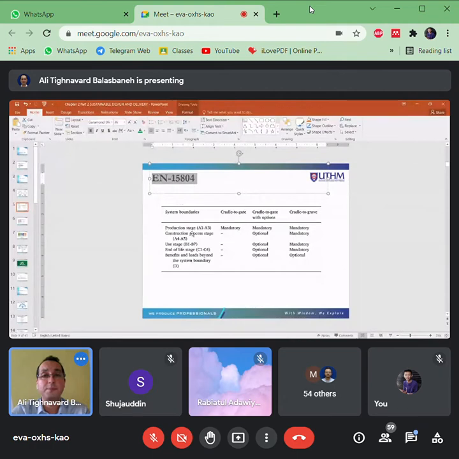The production stage has been categorized as A1, A2, A3. The material extraction is A1. They transport the material to the factory, A2, and another process in the factory is A3.